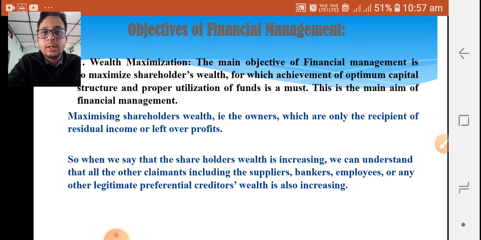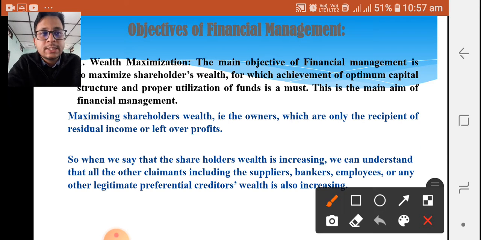Those usually come under the purview of unsecured creditors. And the last one will be the owners themselves, who are called equity shareholders, or in short shareholders. So this statement tells us about this.